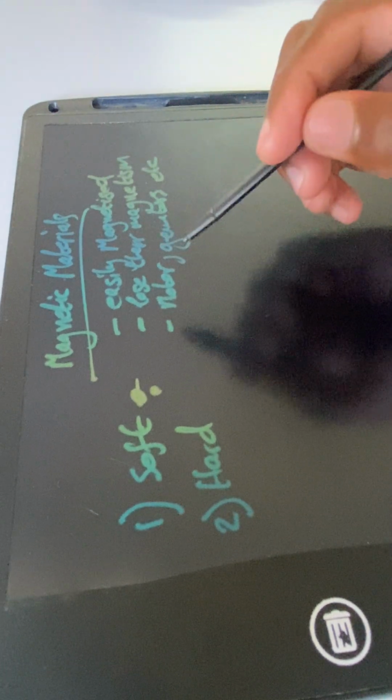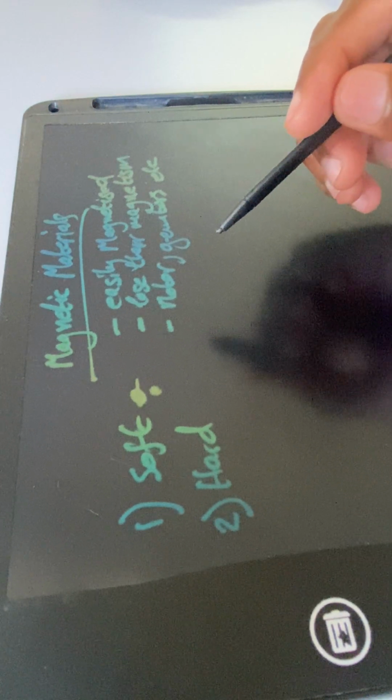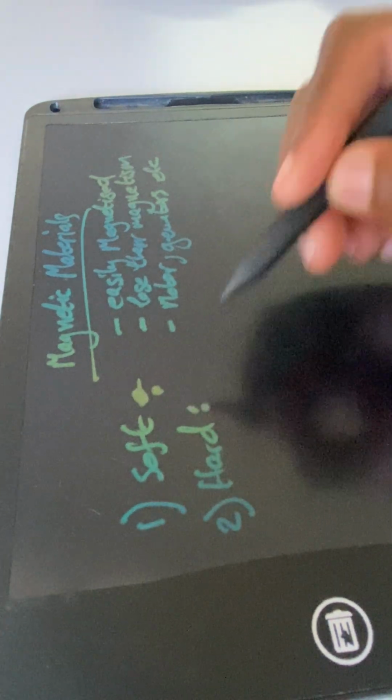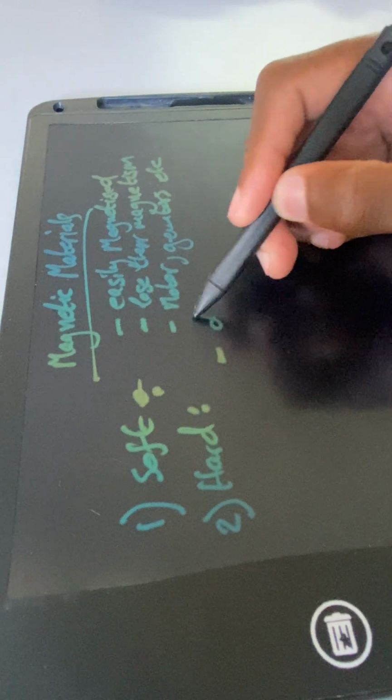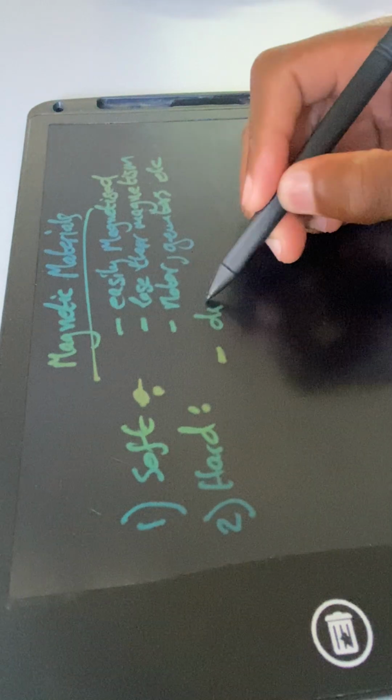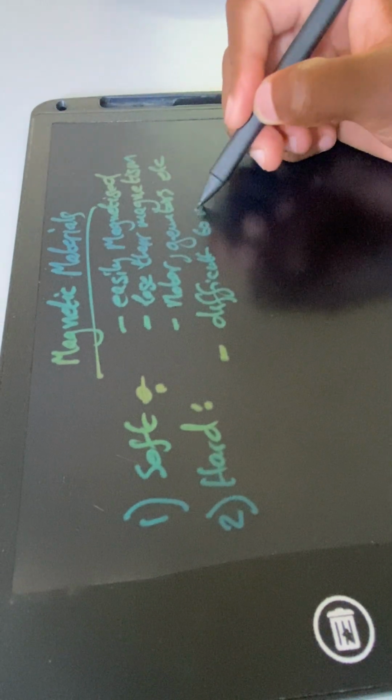These ones, they also have certain properties, whereby with hard magnetic materials, one thing, they are difficult. Remember, these ones are easily magnetized. This one, they're difficult to magnetize.